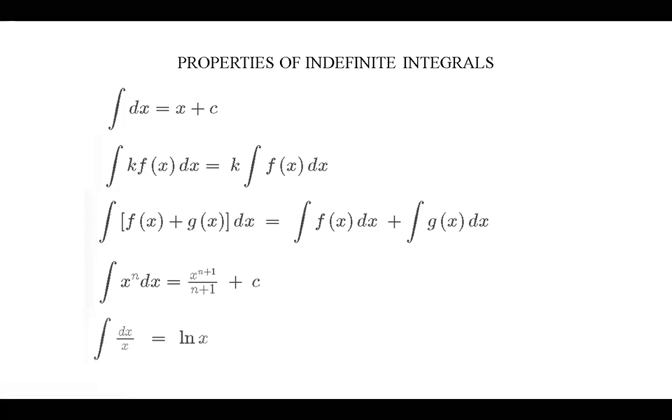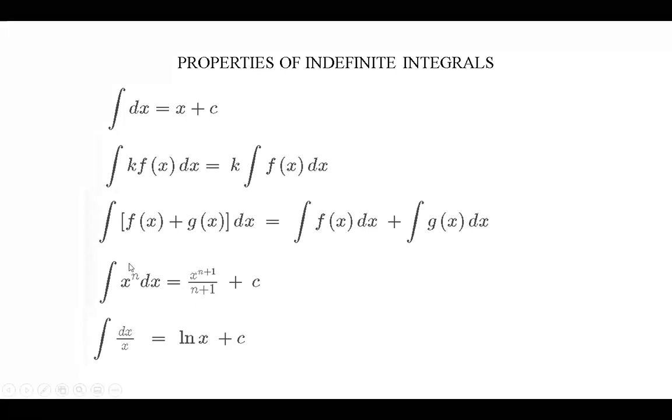And lastly, we have the integral of dx over x, which is equal to ln x plus c. As simple as that. So, as we can observe here in the fourth property, n must not be equal to -1.